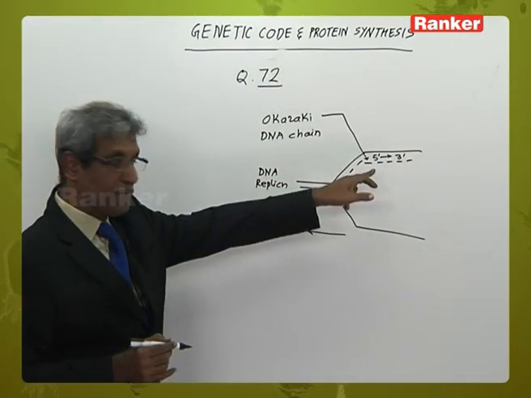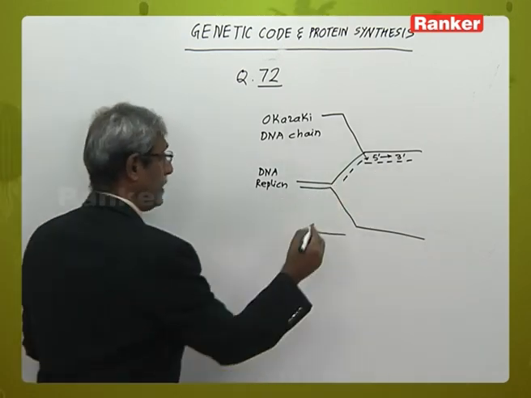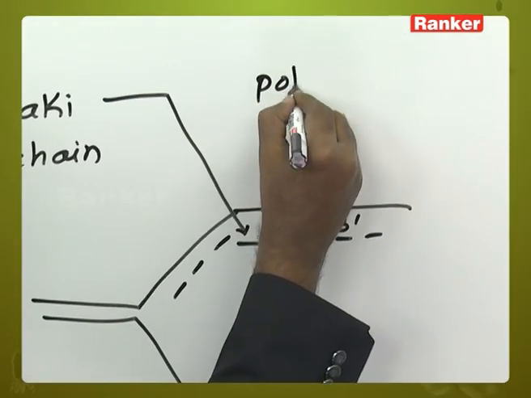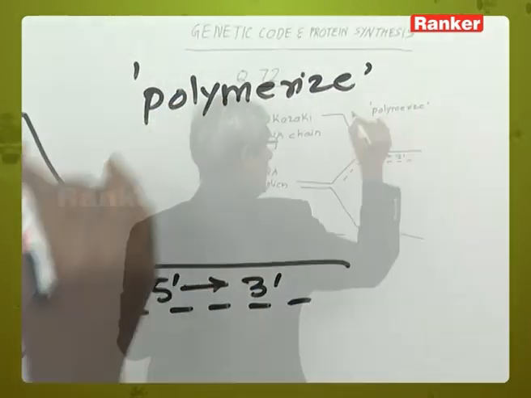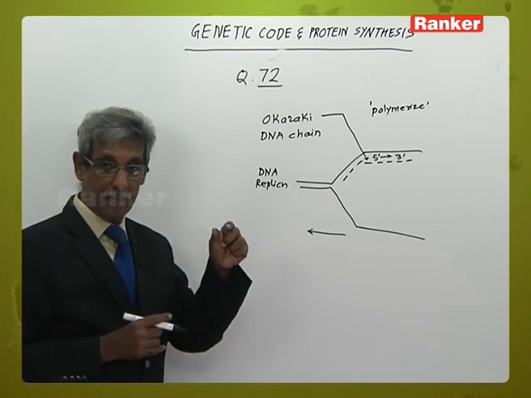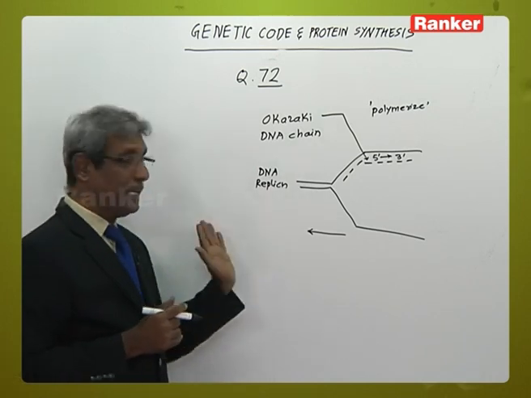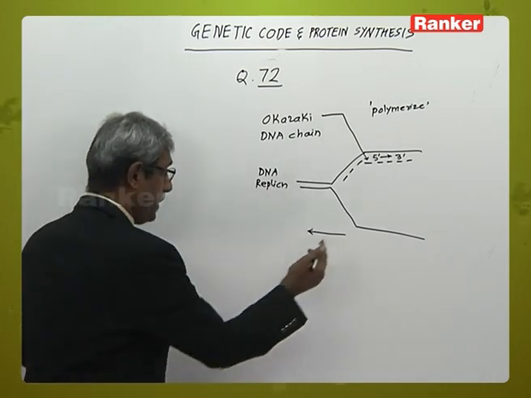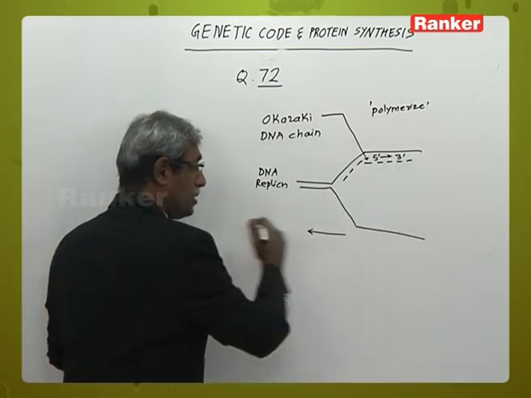So, the Okazaki fragments polymerize in the 5' to 3' direction. The word here is polymerize. They join due to the presence of a DNA ligase, and they also explain how the replication occurs in the 3' to 5' direction.